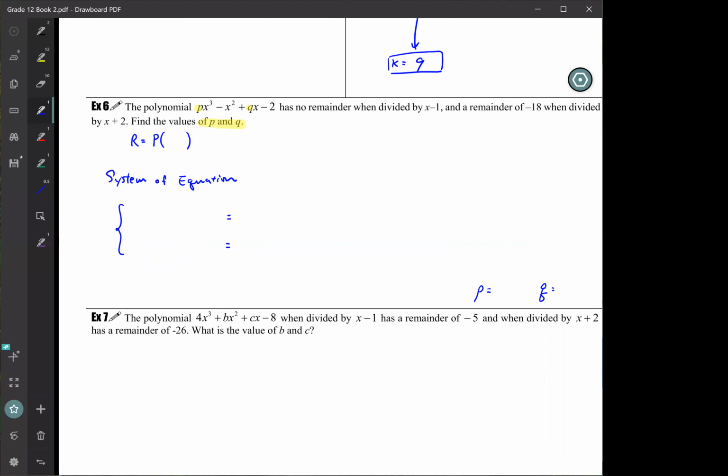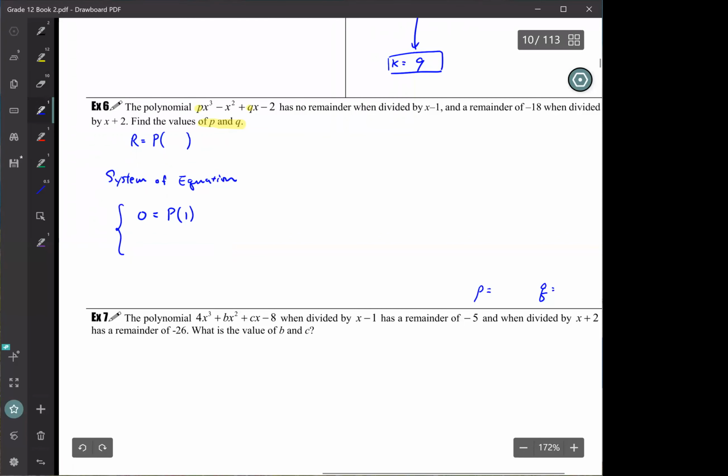No. Okay, the first sentence says no remainder, right? No remainder means what's the remainder? 0. 0, right? So 0 is the remainder, so you write 0 equals P of, so what's the number that we should sub in? 1. 1, yeah. So you will sub it in, and then you get the first equation equal to 0. Okay, you do the same thing for the second part.